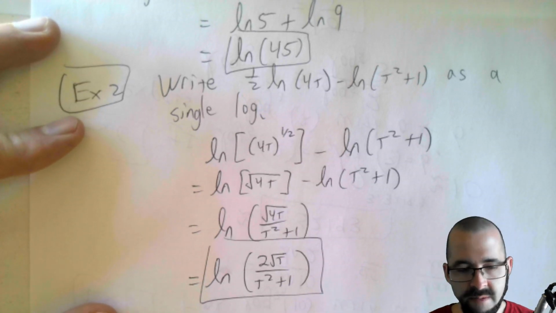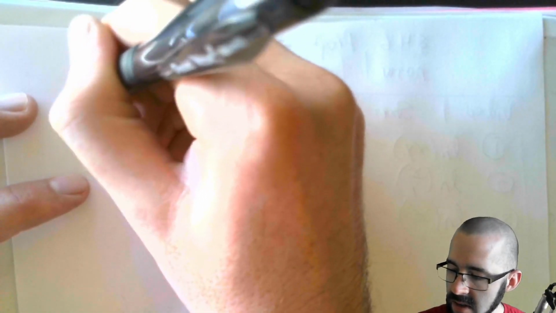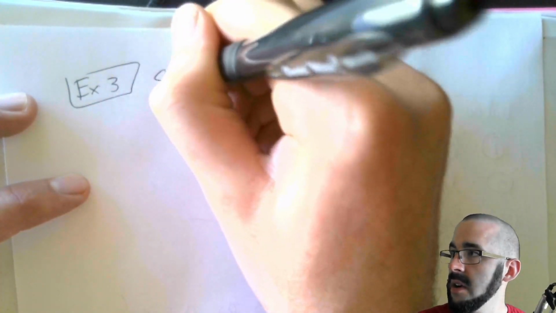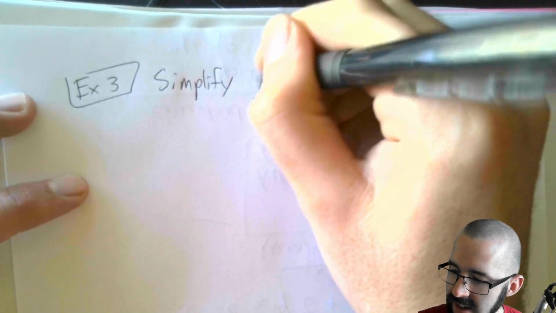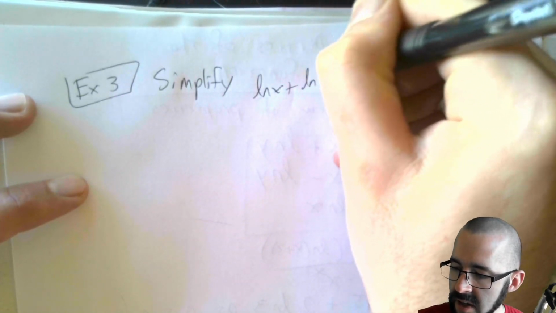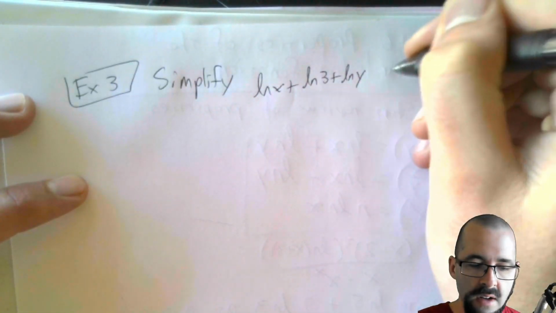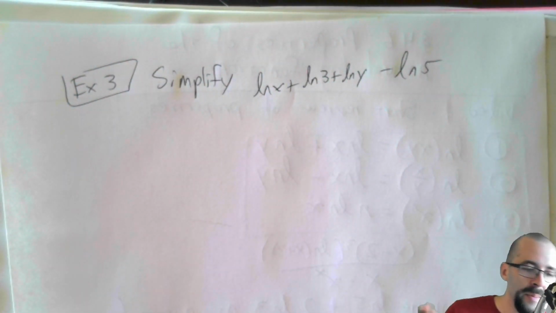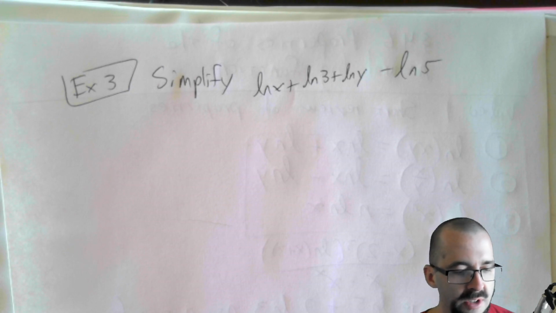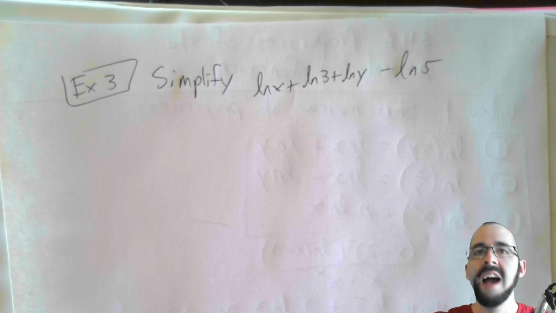One more over here, and then we're going to move on to the next video where we're going to start doing some derivatives. All right, so example 3 is going to be: simplify ln x plus ln 3 plus ln y minus ln 5. So we just use the properties. Remember back to your college algebra, math 1400 days. If we're adding things together, that means they all get multiplied.